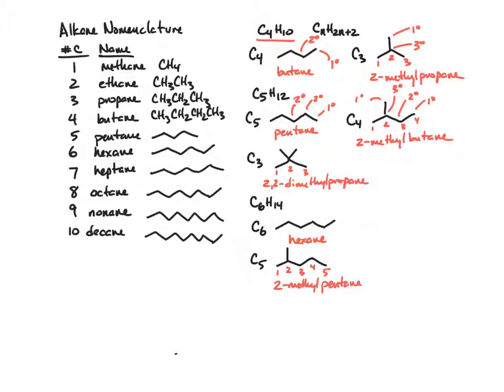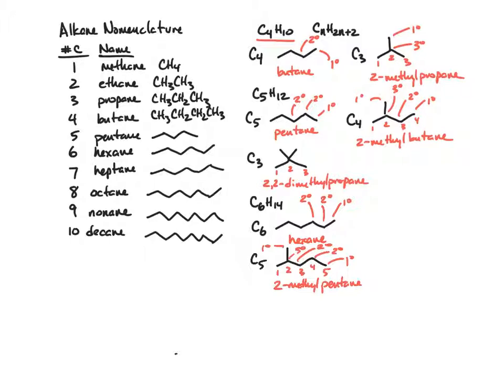So an exercise we forgot to do up here: primary, secondary, secondary. Down here, primary, tertiary, secondary, secondary, primary. So that's, again, the classification of those types of hydrogens, which is important later on.